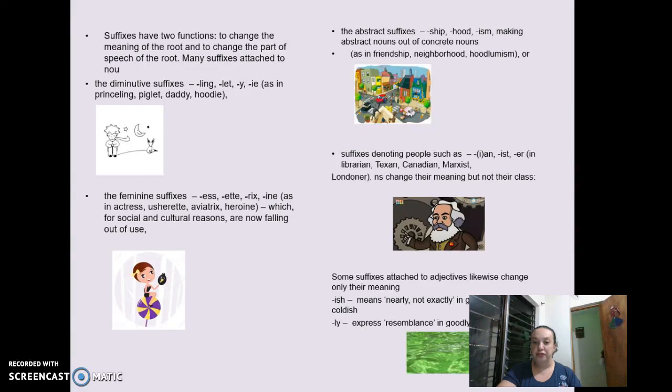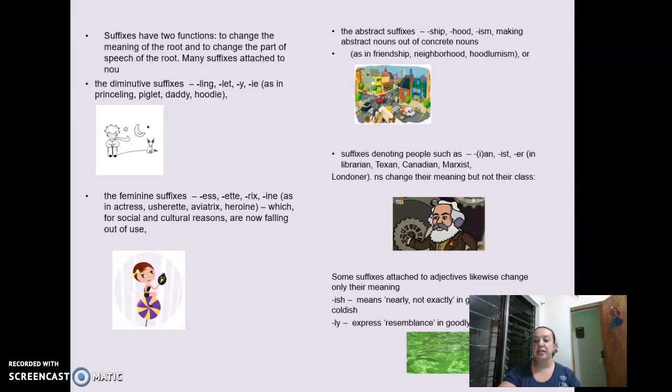The abstract suffix, for example, childhood, adulthood, friendship, and sophisticated people, for example, Colombians and Mexicans, and the European is a different example.